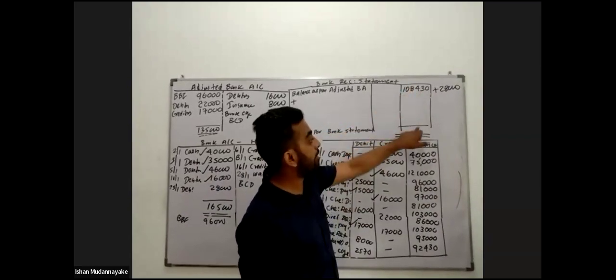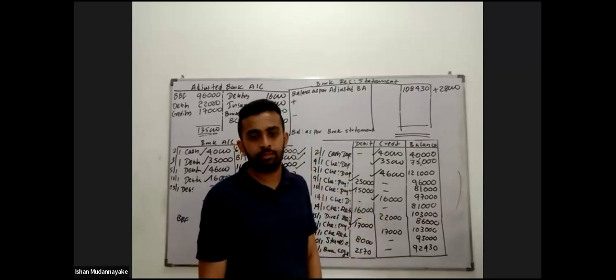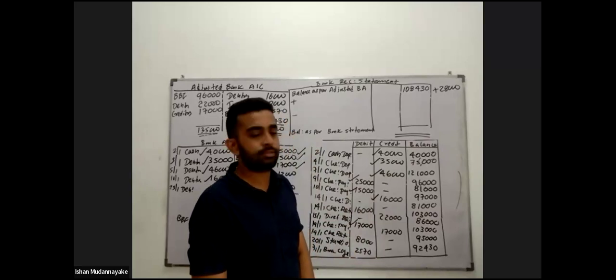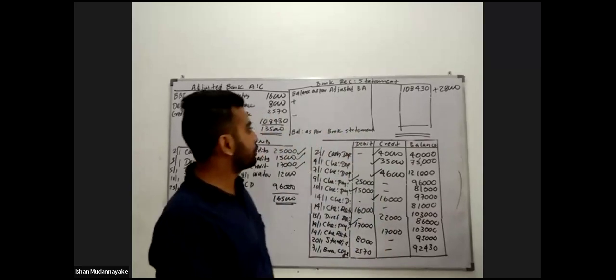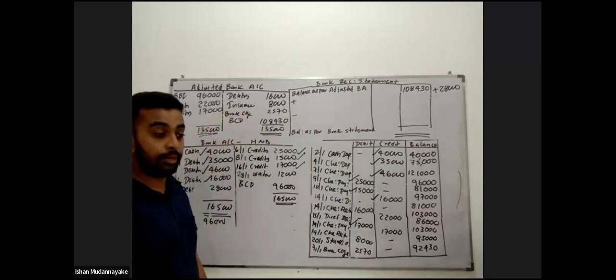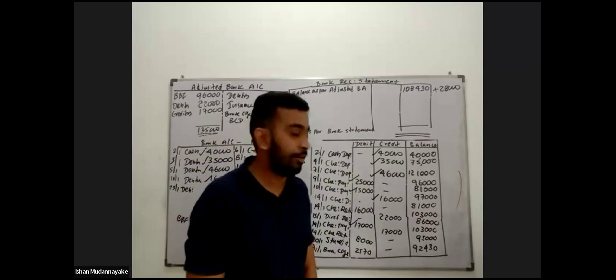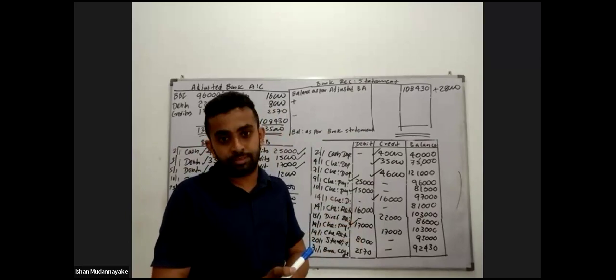Your balance will be equal to the bank statement balance. I have added, therefore deduct. I have added it to my bank balance, but the bank has not added it. If I deduct this amount, my balance will be equal to the bank statement balance.